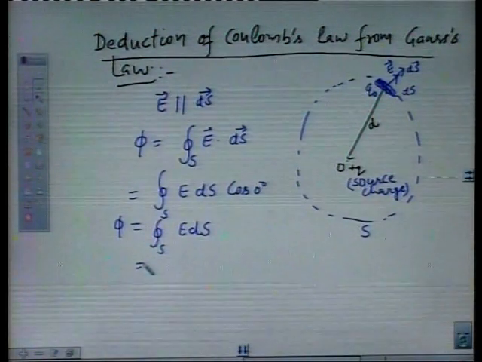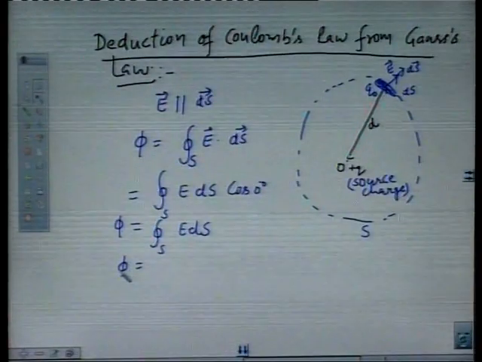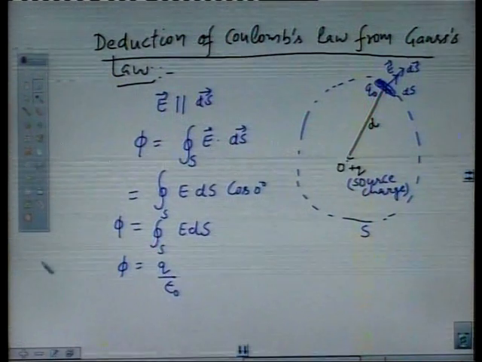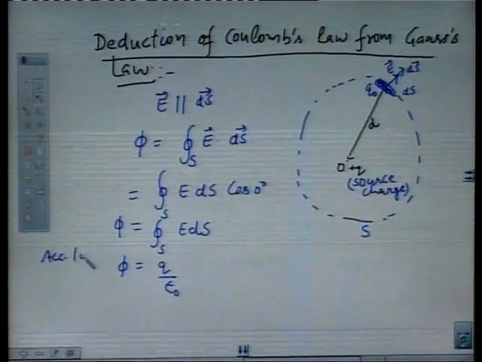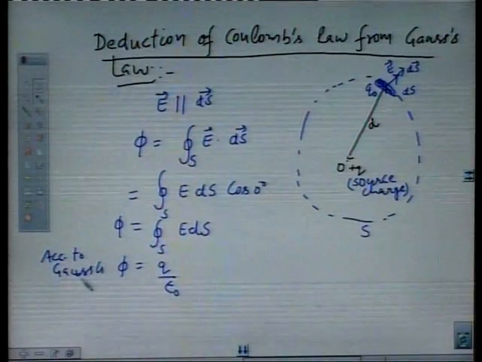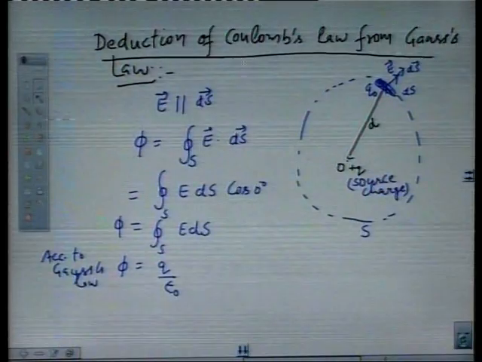Now, another formula for phi according to Gauss's law is that phi is also equal to q upon epsilon naught.